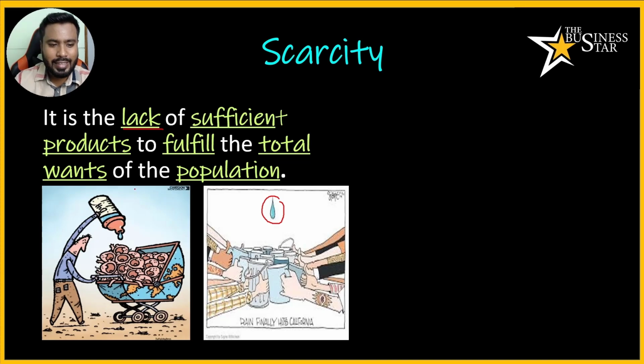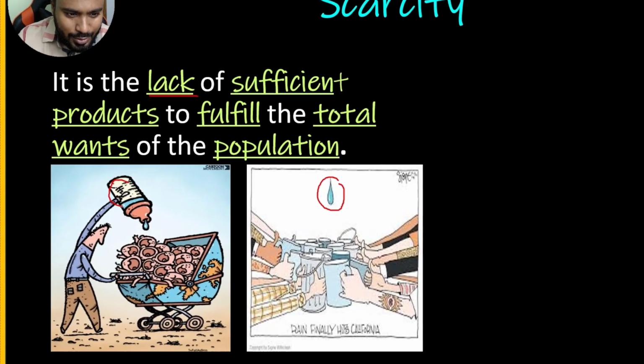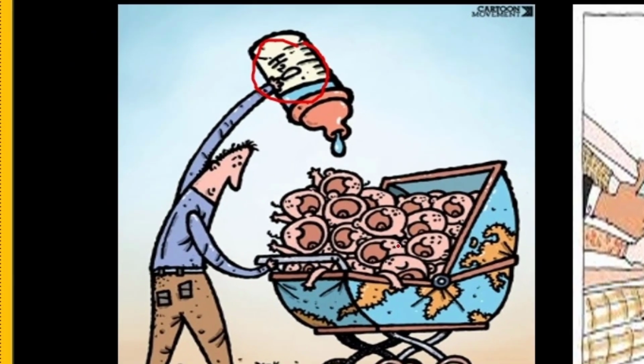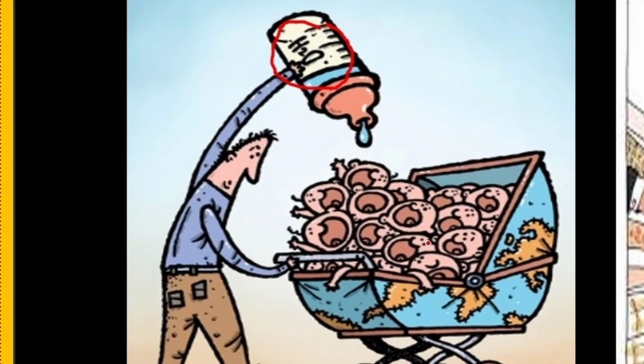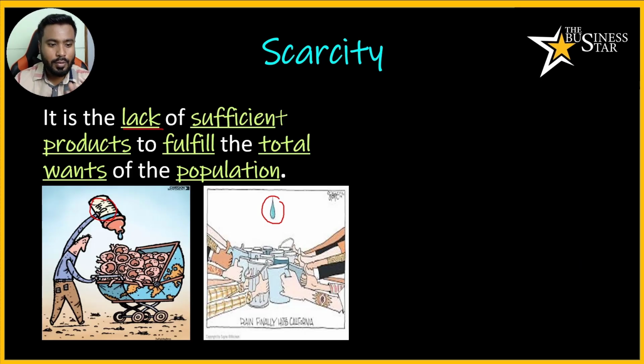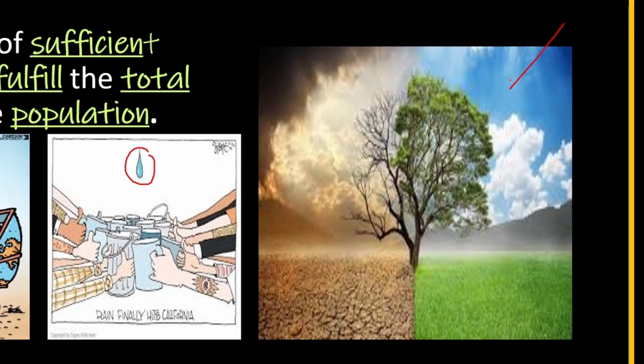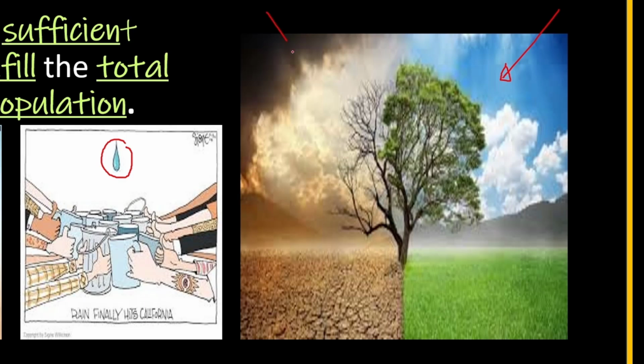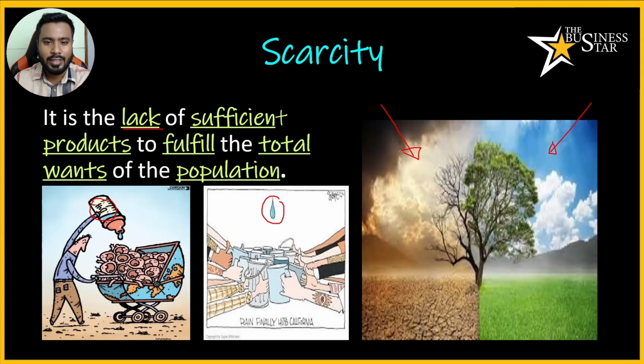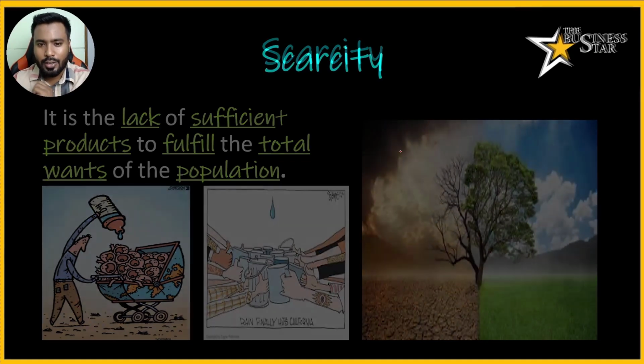Over here we can see the water. If you look closely, H2O, and all the babies in the world are basically craving for fresh water. Over here we can also see that due to rain this place has flourished, but over here due to lack of rain there is drought. So this has also created scarcity.